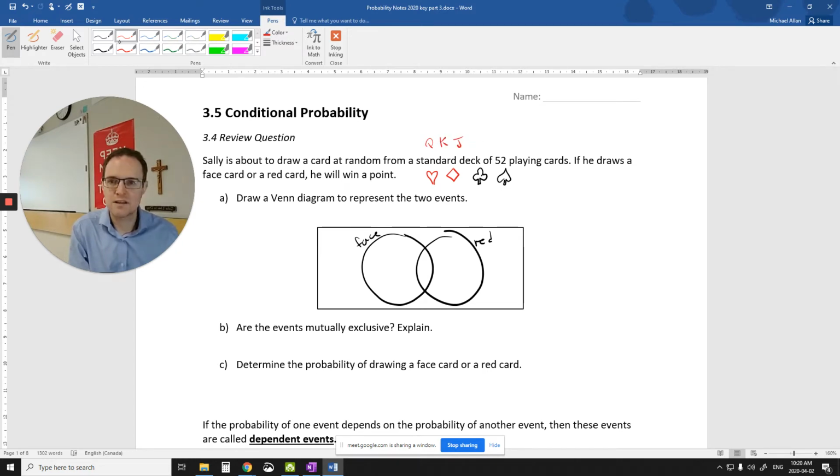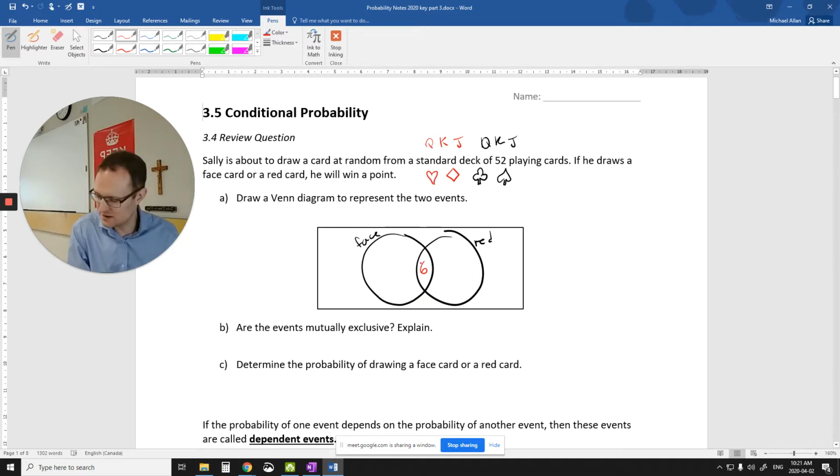Those are your face cards: king, queen, and jack, kind of a weird order I put those in. So if I have 2 red suits and 3 face cards each, that means I have 6 cards that are both face cards and red cards at the same time.